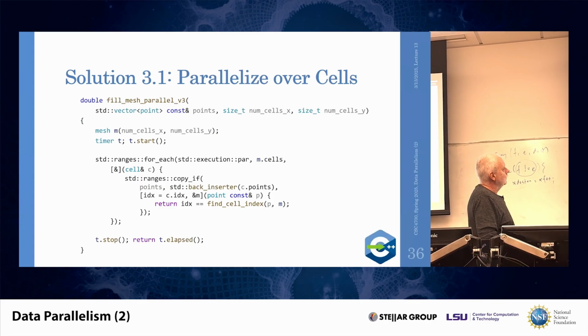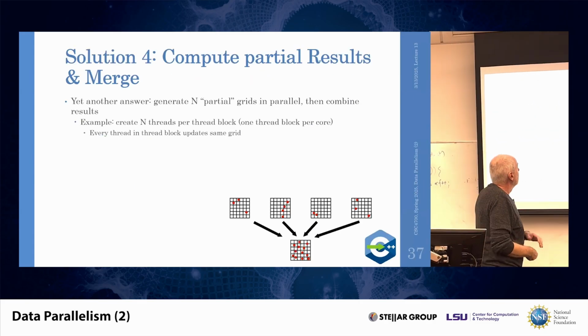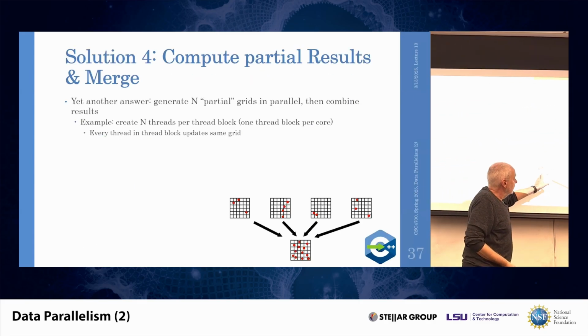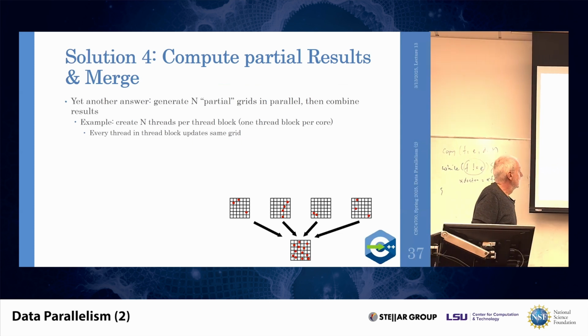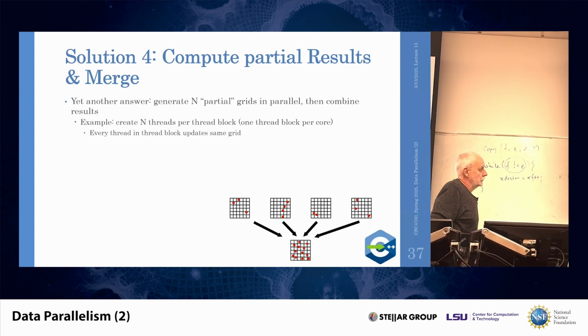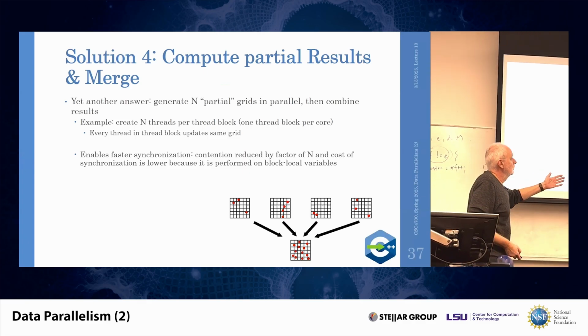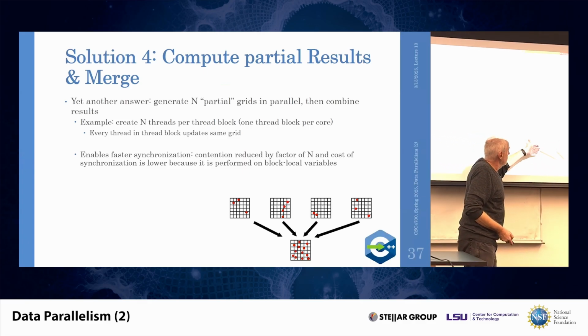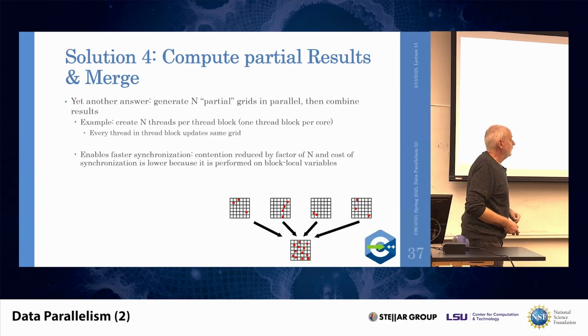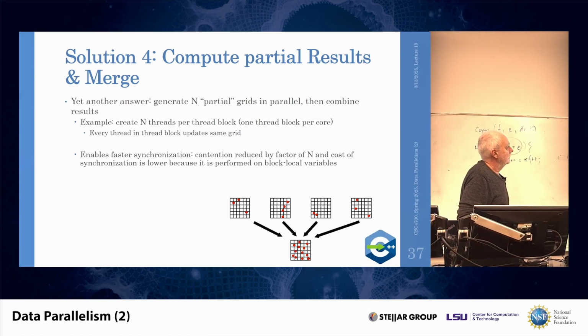Well, one thing we can do, as I said, we can have partial results and combine them. Because now we don't need to synchronize at all. We need to create each of those subcells separately, and in the end, merge them together.